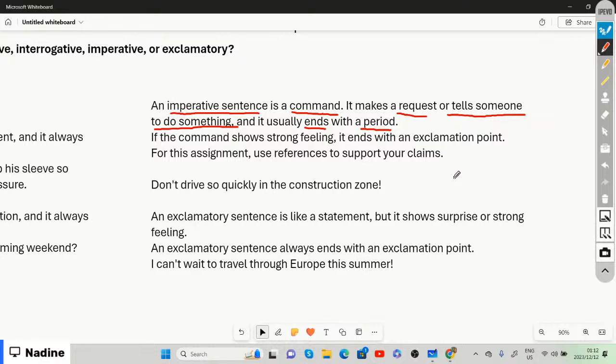And also, when it comes to a command or an imperative sentence, we see that it usually also ends with an exclamation point if it shows strong feelings. For example, don't drive so quickly in the construction zone.